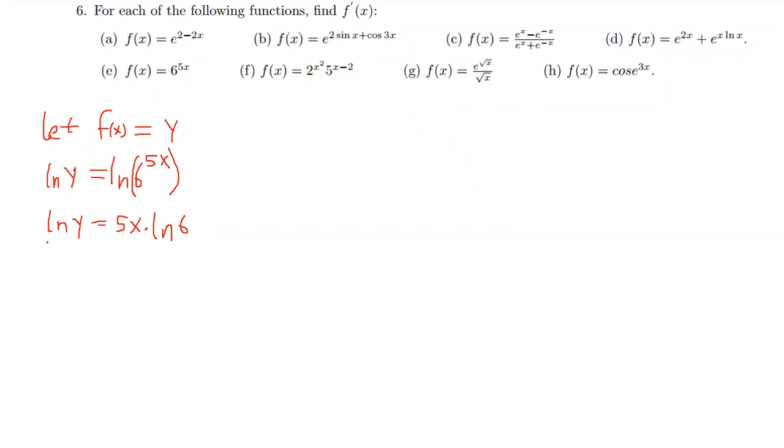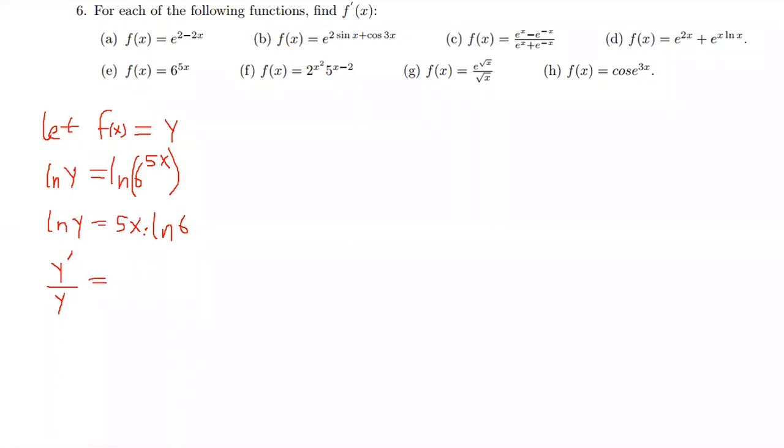So this side, when you differentiate ln y, you are going to have y prime. We know that when you're differentiating a function of ln, you differentiate the function, which gives you y prime, and then divide by the original function, which is y. So this is equal to the product here.